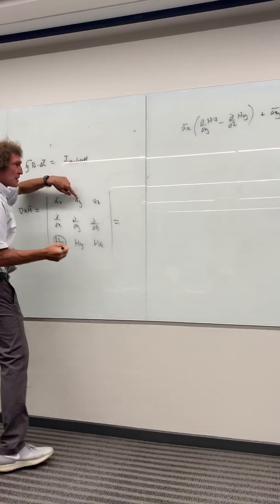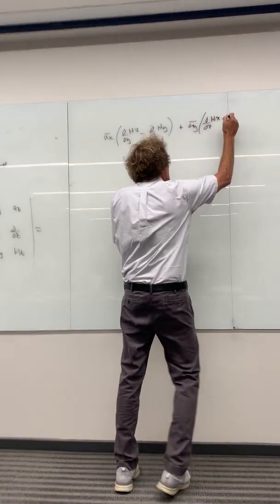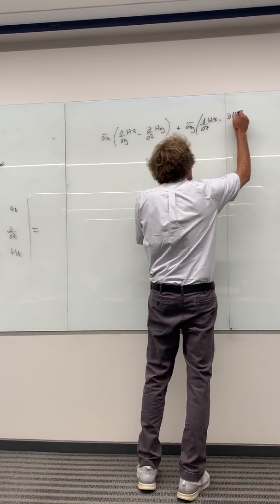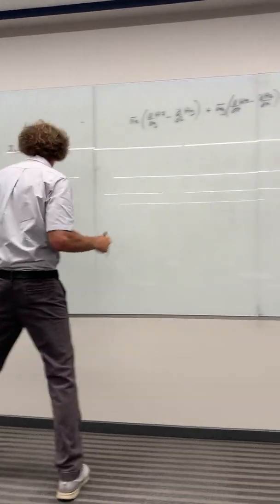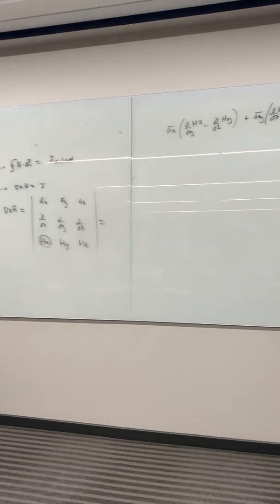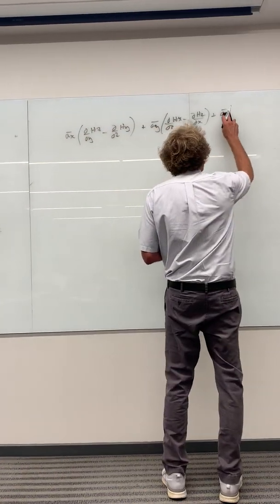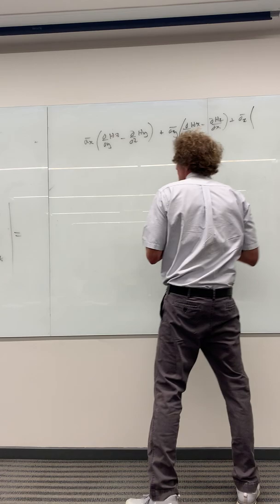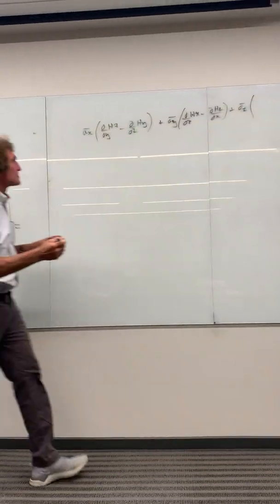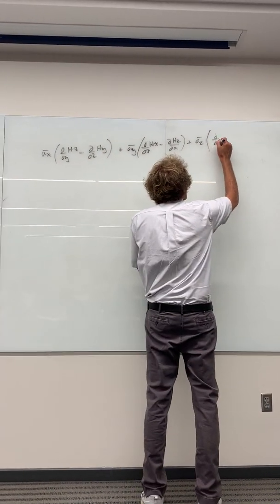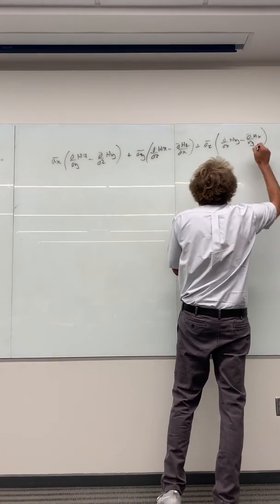So it's d/dz operating on HX minus d/dx of HZ, and then plus for AZ, if you come down the diagonal, will hit d/dx of HY minus d/dy of HX.